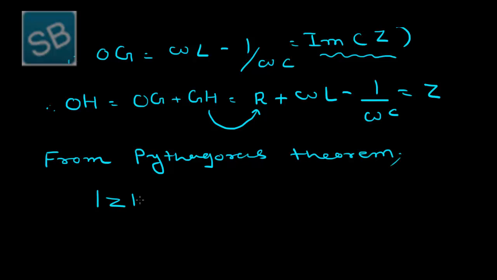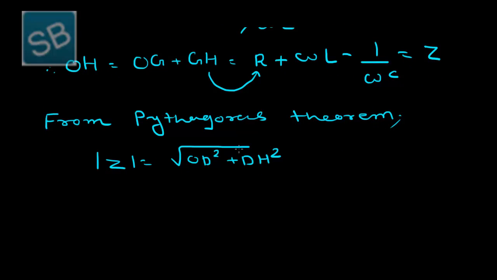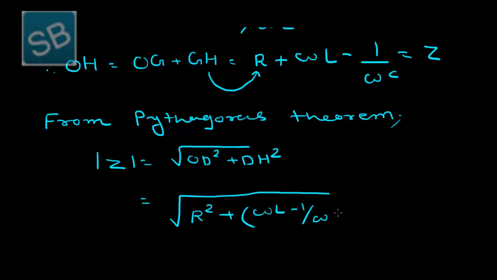Mod Z is equal to the square root of OD square plus DH square. Here we are applying the Pythagoras theorem to triangle HOD, which gives the square root of OD square, that is R square, plus DH square, that is omega L minus 1 over omega C, whole square.